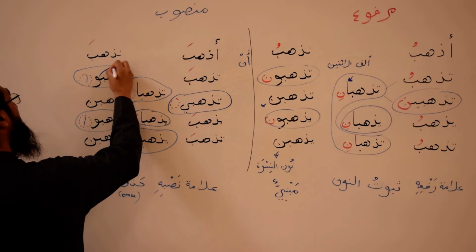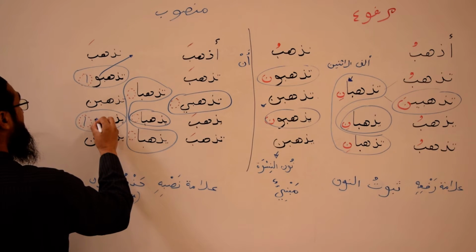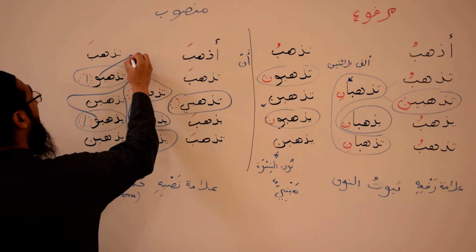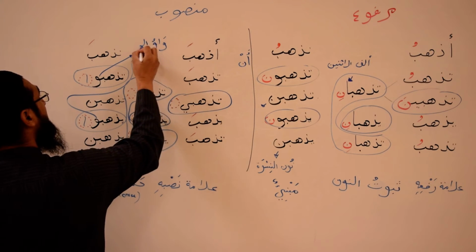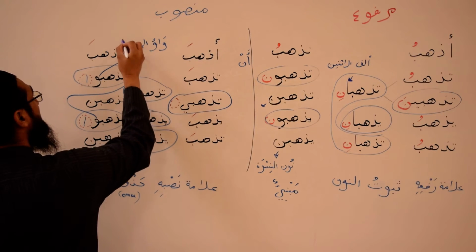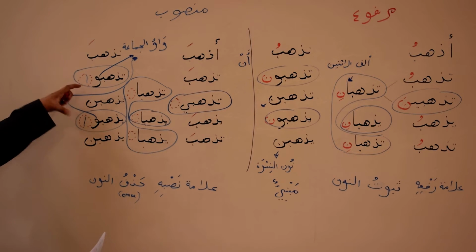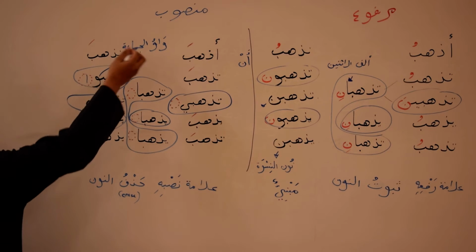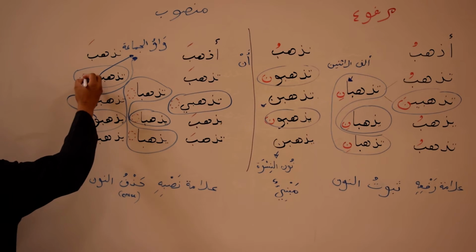So this waw, the waw that comes at the end of these two verbs, they call what? Wawul jama'ah. The waw that signifies the jama'ah. And it's specifically mentioned in what? These two verbs. Okay? Now, anytime there's wawul jama'ah and the noon is erased, you put an alif after.